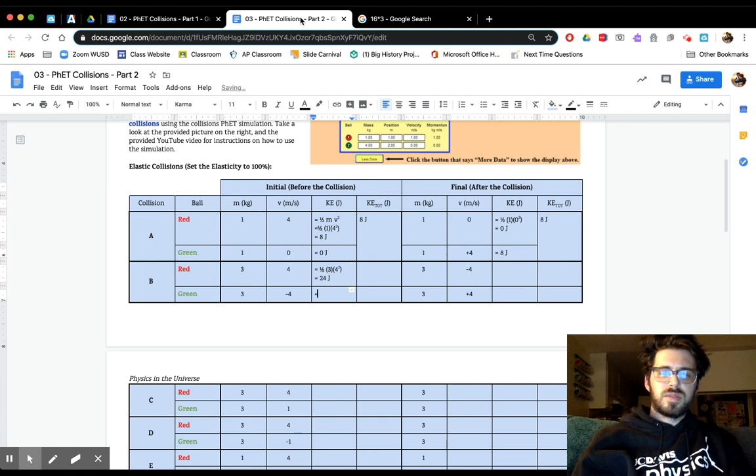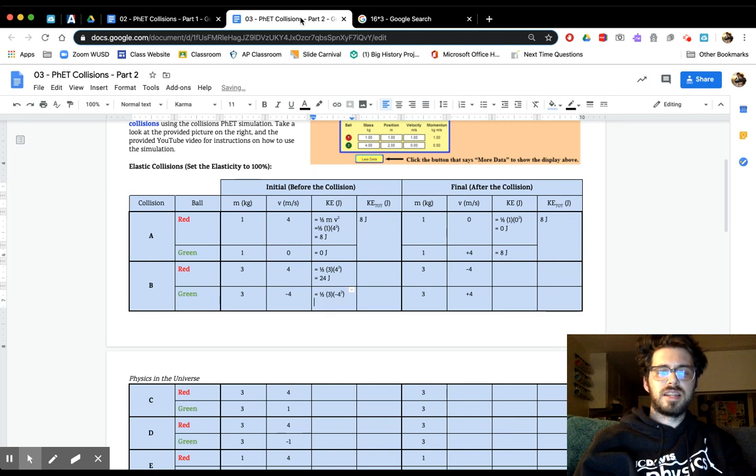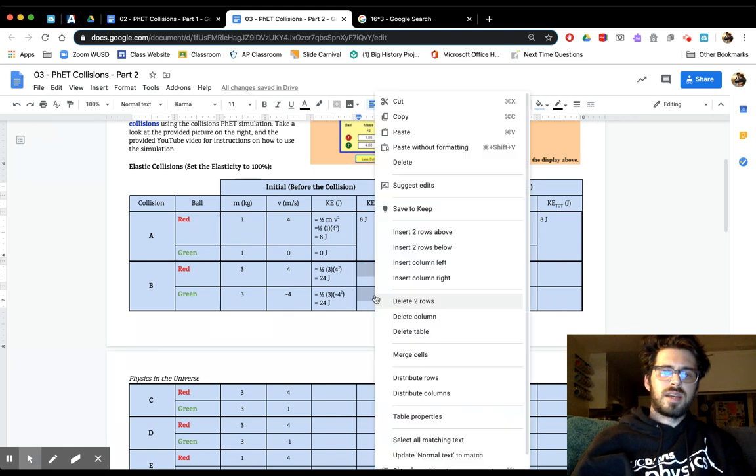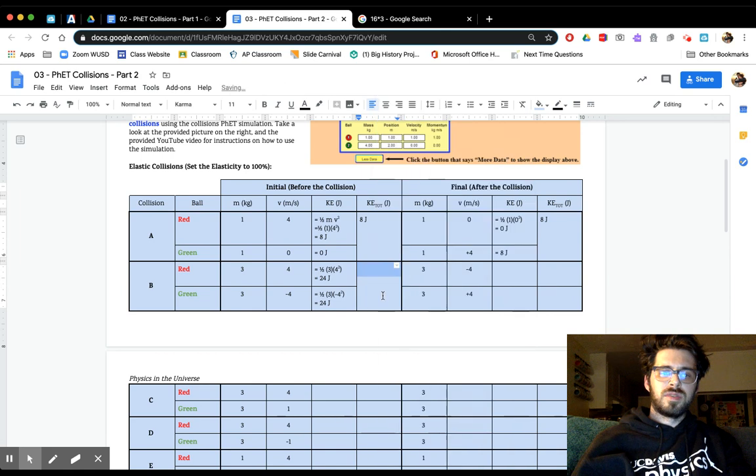Let's do the next one. Equals 1/2 times 3 times -4 squared. Hopefully you can already see that it should be exactly the same. We'll merge these cells. 24 plus 24 is 48 joules.